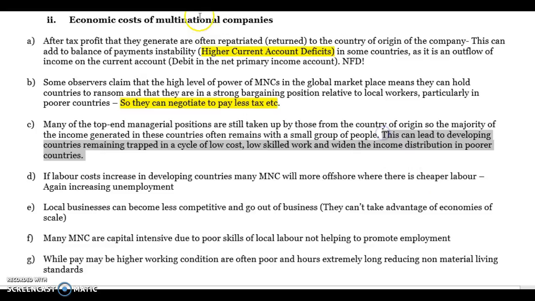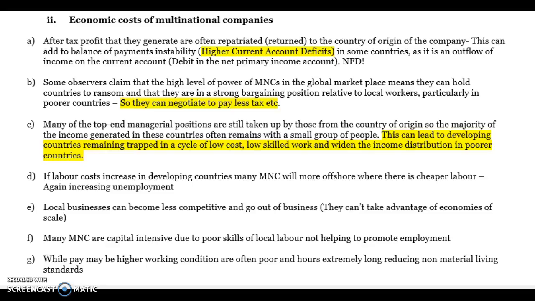And this can lead to developing countries remaining trapped in a cycle of low-cost, low-skilled work, and widen the income distribution in poorer countries. So a lot of the top-end positions get kept by those from, might be America, but they're in Ireland, and therefore a lot of the Irish people don't get access to the skills and training that they need to develop their skills and become high-end managers and things like that.